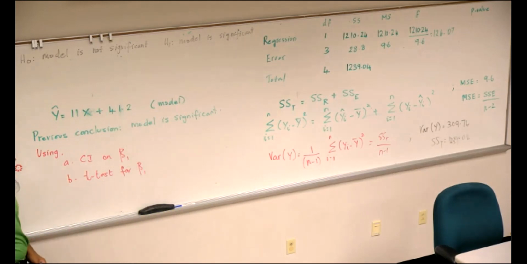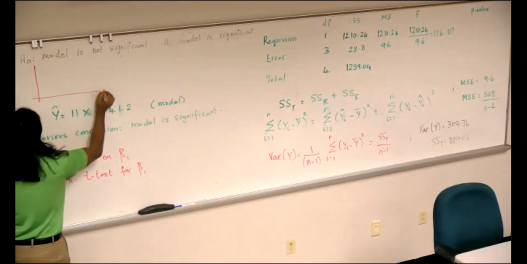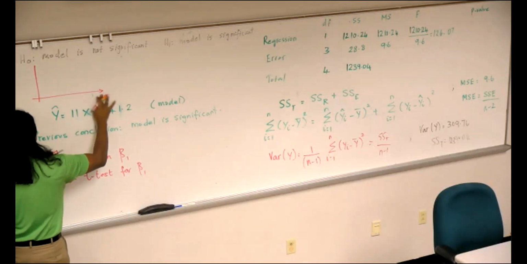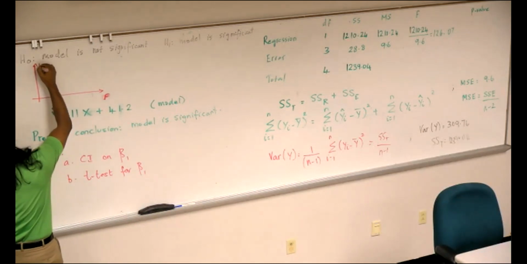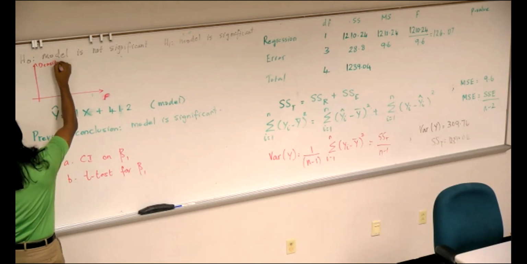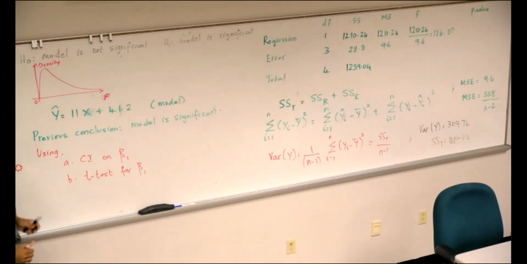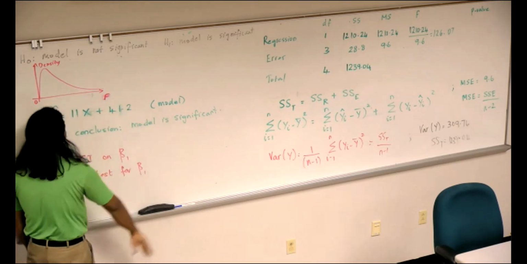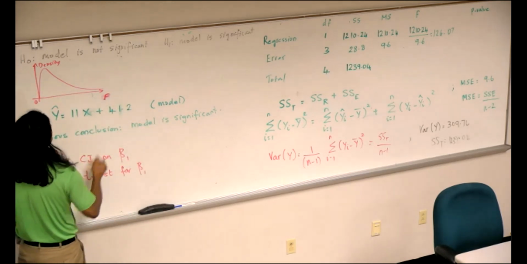Do you expect to reject the null? Yes. Why? It's a stupidly high F statistic. Very good. That's an F distribution. Typically, a number that large would simply imply you're rejecting the null, because the density would get closer to zero pretty fast.